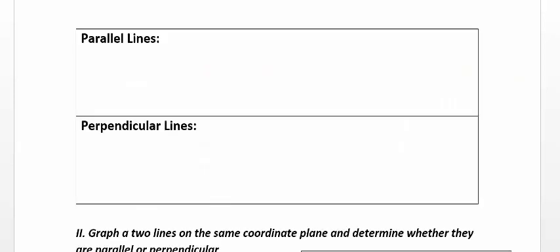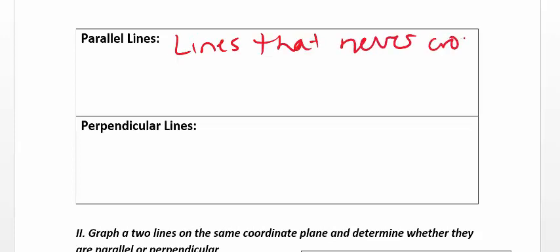So now we're going to discuss the slopes of lines that are parallel and lines that are perpendicular. First of all, parallel lines are lines that never cross. And if we were to look at an example, they would look something like this on a coordinate graph.